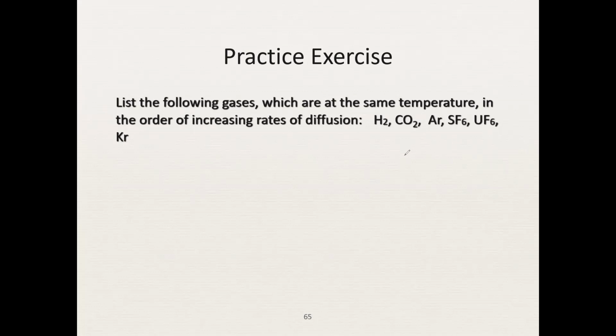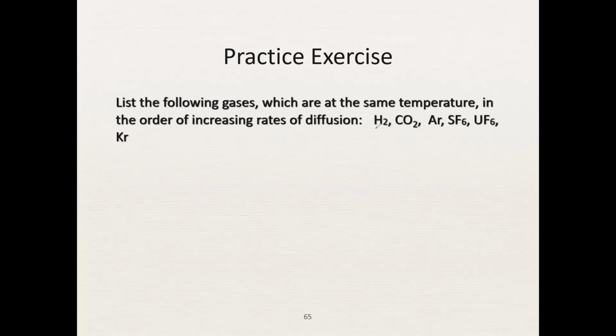So we would just want to see what the molar masses of these different substances are. And we're going to see hydrogen is just about 2, carbon dioxide 44, argon just under 40, sulfur hexafluoride is going to be 146, uranium hexafluoride would be 352, and krypton would be about 84.